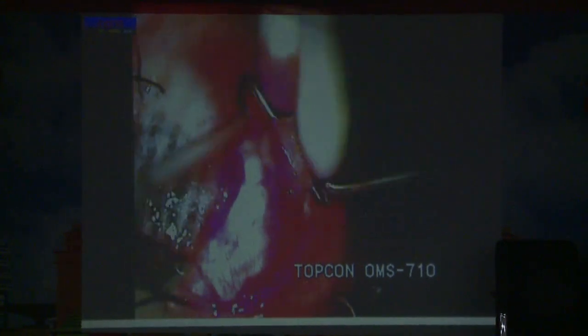So be careful to release the lateral recti carefully, and so we are doing a recession in this case, and since it was 45 prism diopters, we took around 7 millimeter. So that is the thing here.